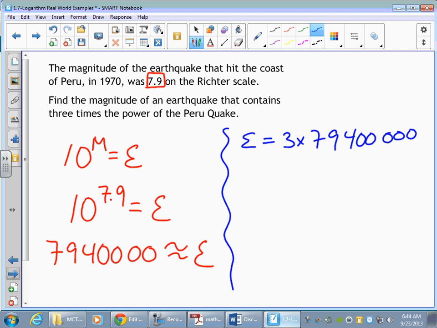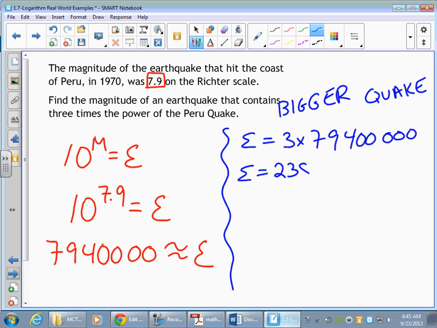So this is the bigger equation, the bigger quake. That number, if anybody cares, is 238,200,000.